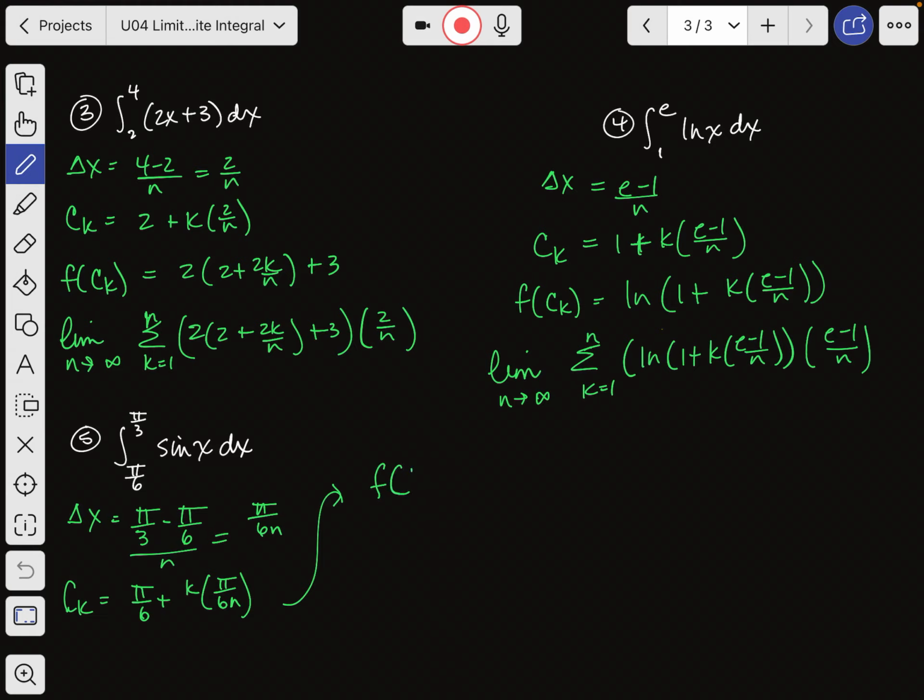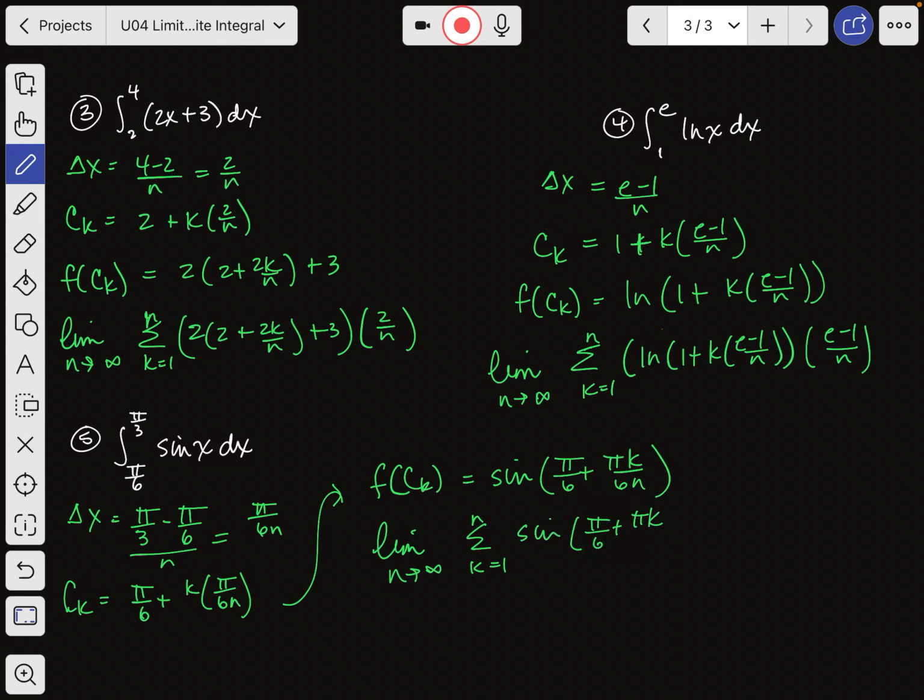F of c sub k is equal to sine of c sub k, so that would be pi over 6 plus pi k over 6n. And our last step, the limit as n approaches infinity of the sum from k is 1 to n of sine of (pi over 6 plus pi k over 6n) times delta x, which is pi over 6n. And that's how you write the limit definition of a definite integral.